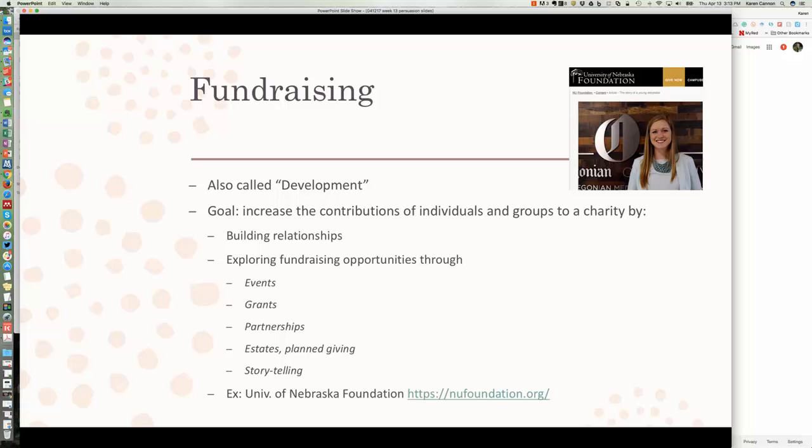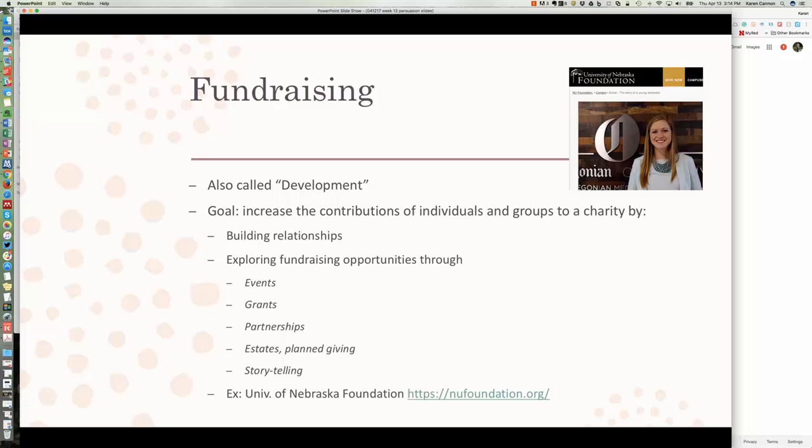If you ever listen to National Public Radio, which I don't know if you do, oftentimes they have blurbs on there about, we have estate planning information for you, and if you're interested, we can also talk to you about how you might do a planned giving or estate planning to give some money to National Public Radio. And then another way is through this idea of storytelling.